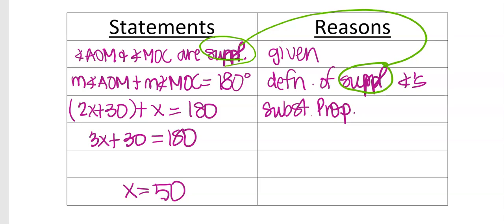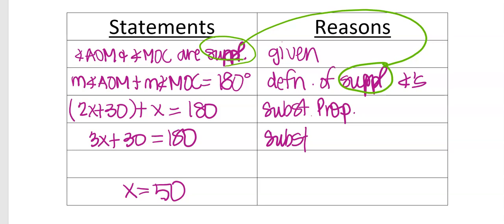Now, what is it called when we put things together? It is not addition property unless you add to both sides. When you're just putting like terms together, it is substitution once again. In place of the 2x plus x, we are putting a 3x in there.